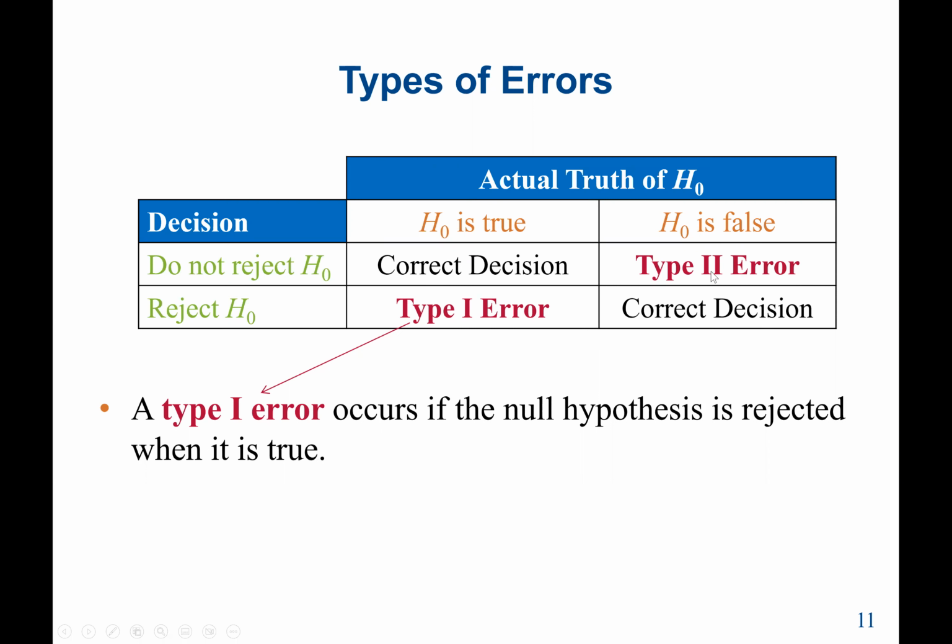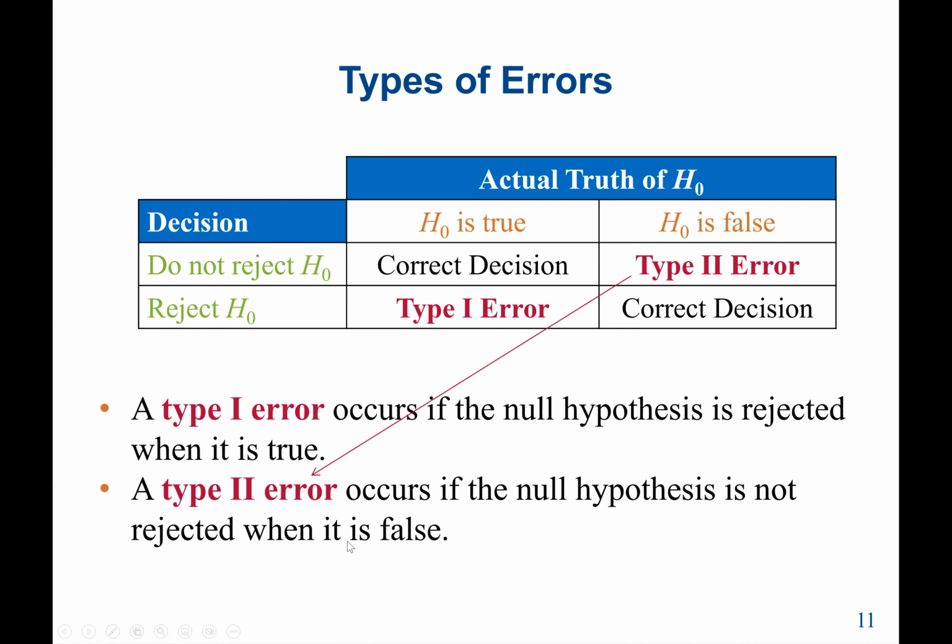A false HO is supposed to be rejected, so if we do not reject it, then we have a type 2 error. So type 1 error occurs if the null hypothesis is rejected when it is true, and type 2 error occurs if the null hypothesis is not rejected when it is false.